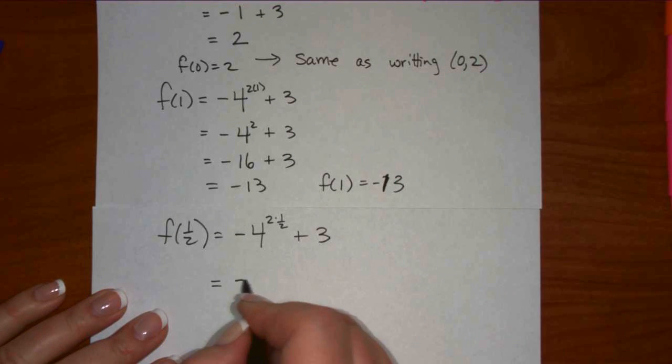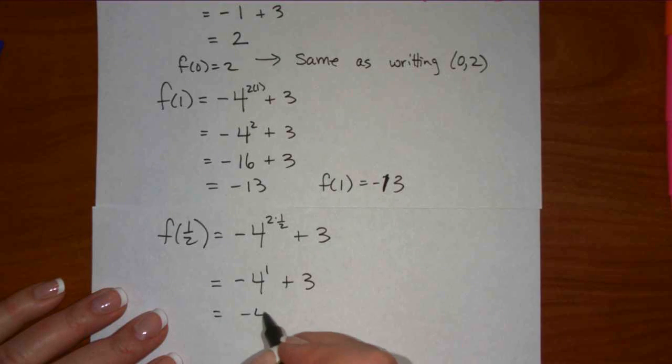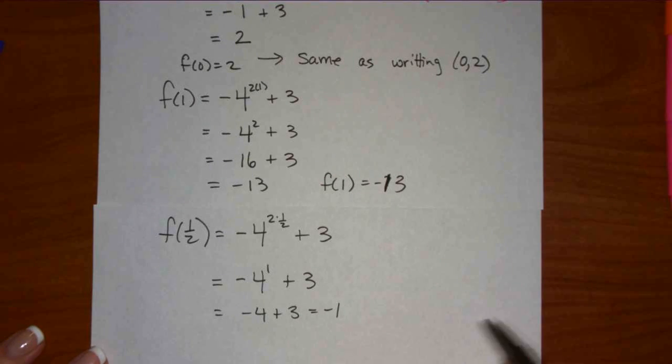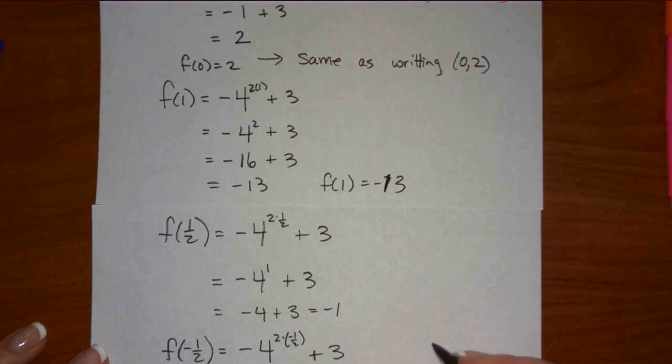So minus 4 to the 1 plus 3. Minus 1. What about negative a half? Minus 4, 2 times negative 1/2 plus 3. 2 times negative 1/2 is negative 1.